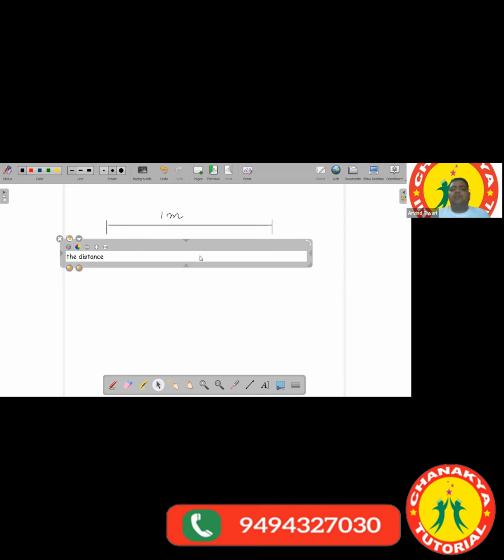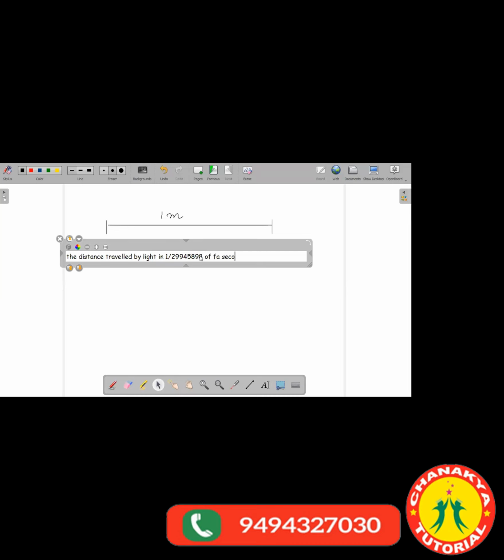Since the speed of light is a constant, it is the distance traveled by light in 1 over 299,792,458 of a second.